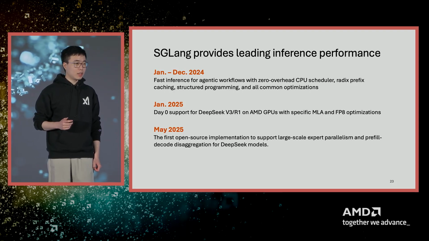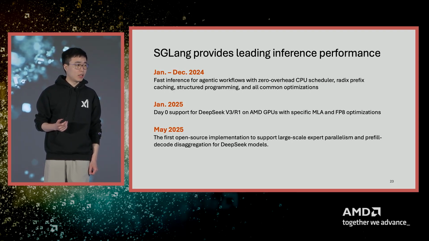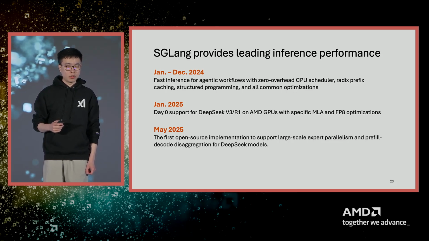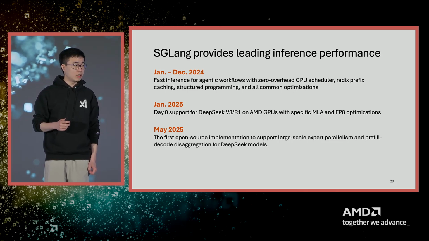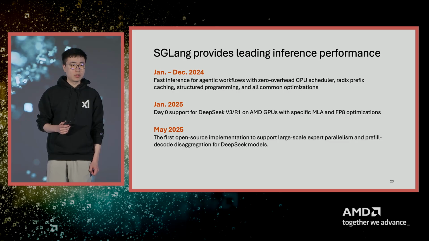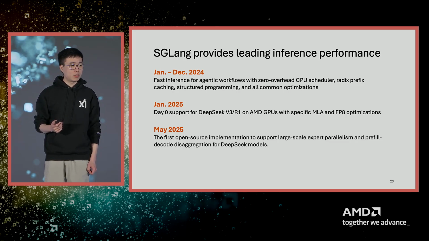And then just last month, we also provided the first open source implementation to support large-scale expert parallelism with prefill-decode disaggregation for DeepSeek models. By doing this, we can almost reproduce the performance and the throughput numbers from the official DeepSeek blog post.